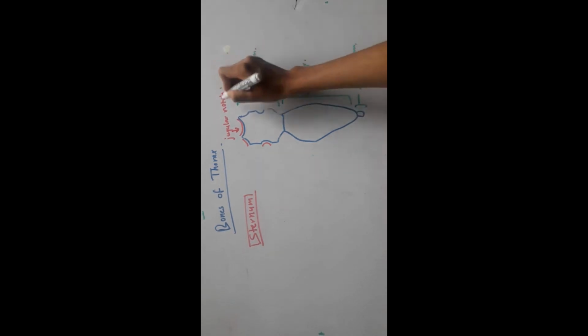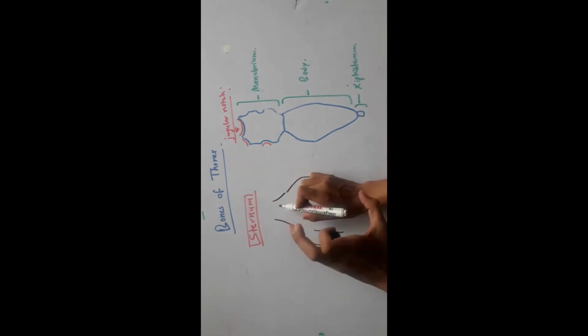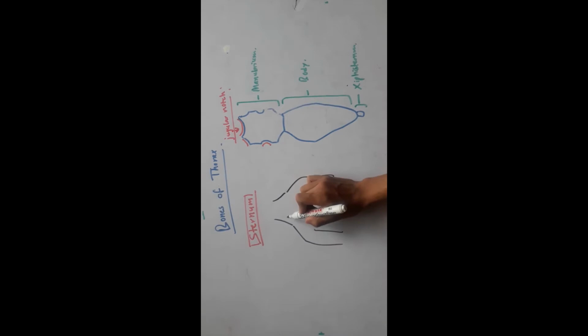notch. You can feel the jugular notch in your body. So this is your body, chest. You can do it right now, watching this video. At the lower end of your neck there is a depression, and then the chest bone starts.